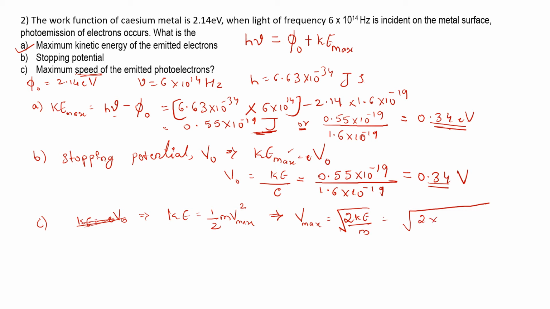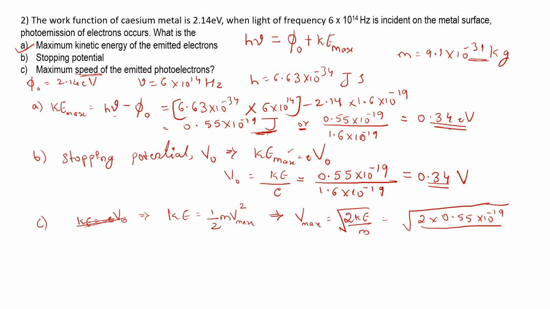In the square root, 2 into kinetic energy, see, it is 0.55 into 10 raised to minus 19, whole divided by m. What is m? m is the mass of an electron.